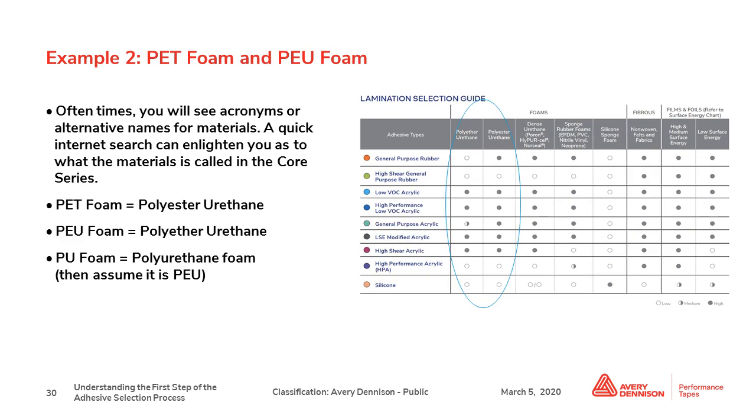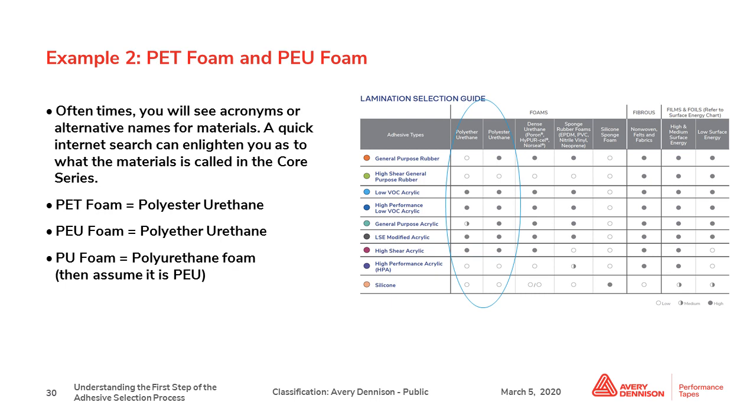Example 2. I want to talk to you about the differences between polyester foam and polyether foam. And again, you might see some acronyms that might not match up with what you're used to seeing with the core series.